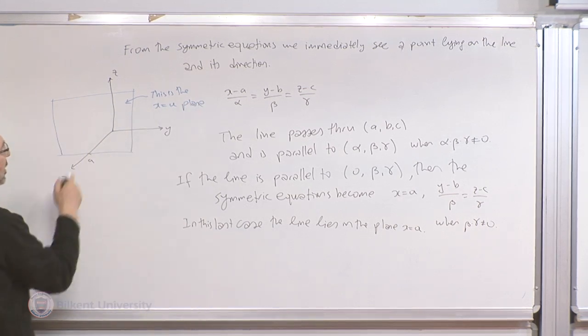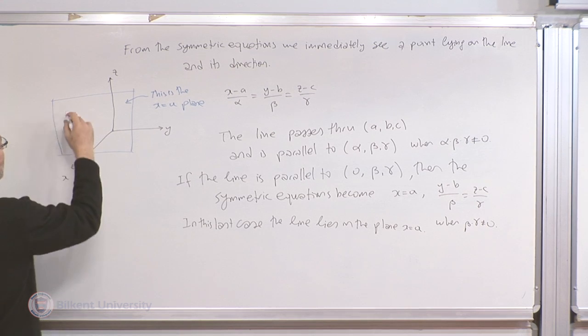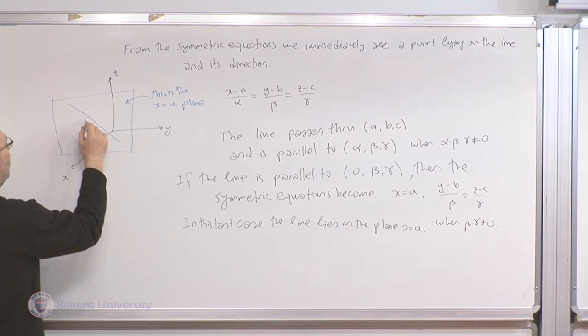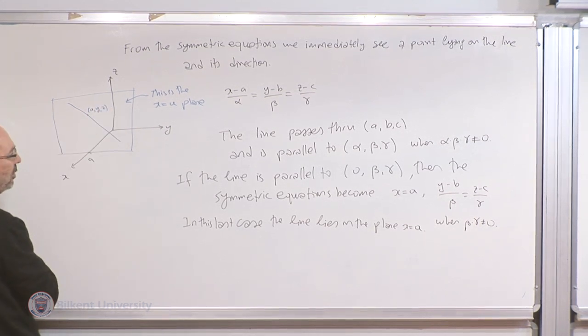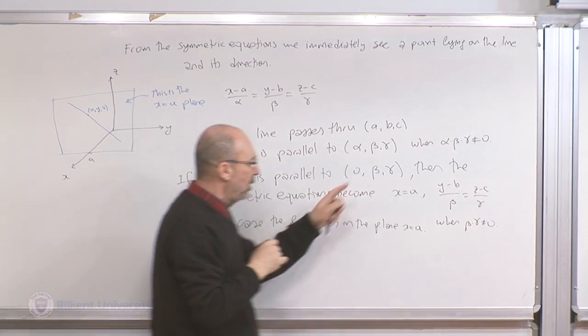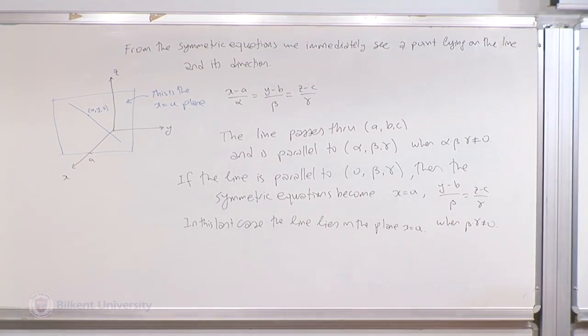Okay, so this line lies there, and our line will be something like this. Any point on this has x coordinate a, and it has some y and z coordinates. Okay, so this is the kind of information you read from the equation of a line.